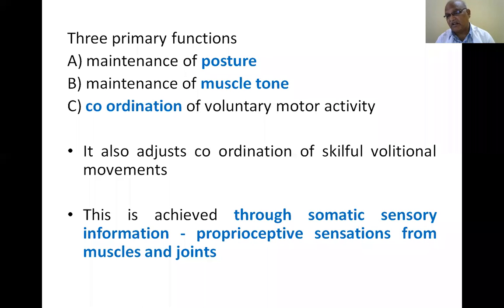For example, you see some people are drunkards, alcoholic people, who take excess consumption of alcohol. The alcohol consumption leads to temporary loss of cerebellar function, so a person who is a drunkard has lost his voluntary control, because alcohol also acts on the cerebellum.